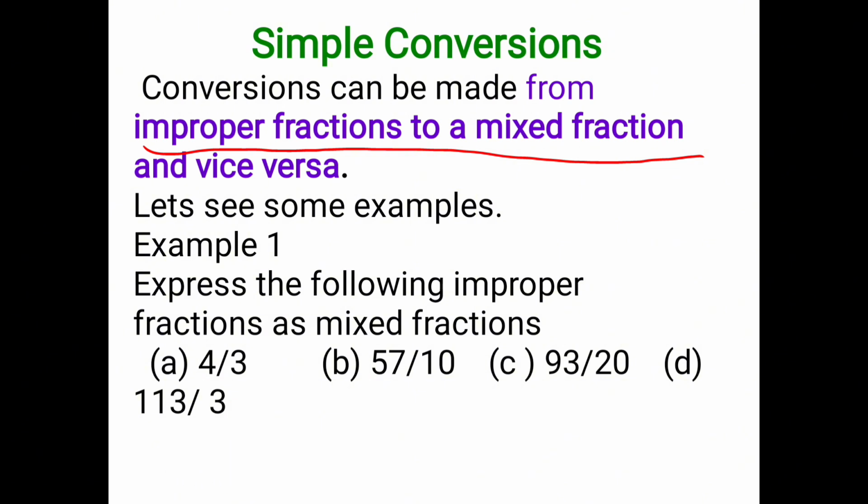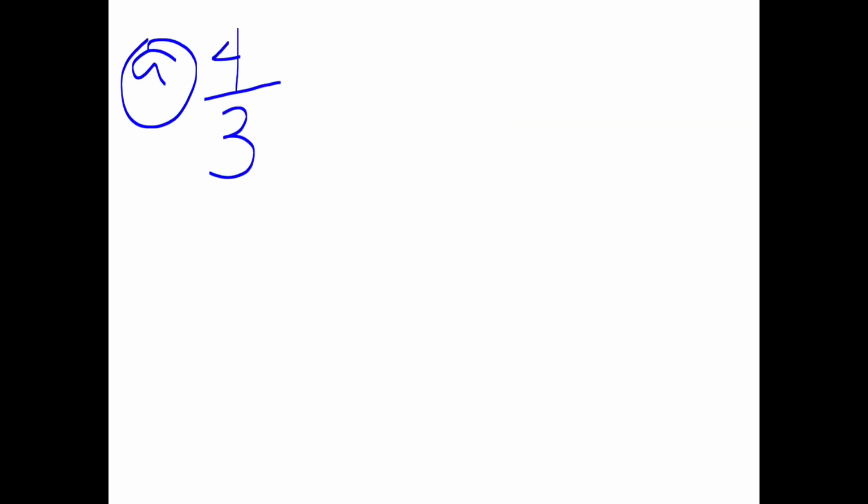And here is how we do it. Follow me as we do that. So 4/3 is simply saying 4 divided by 3. That is, when you count 4, how many 3s will you see in 4? We are going to get 1 three in 4. And we are going to have a remainder, right?